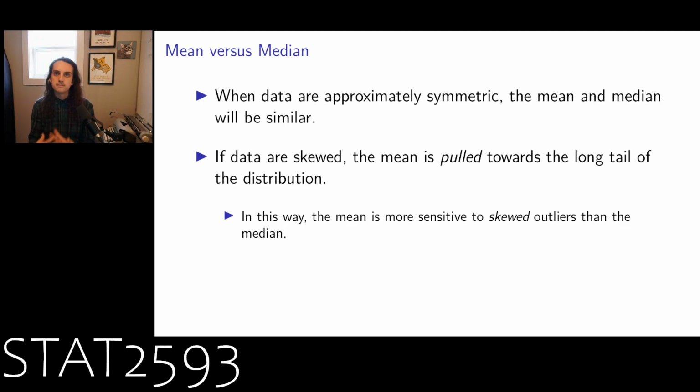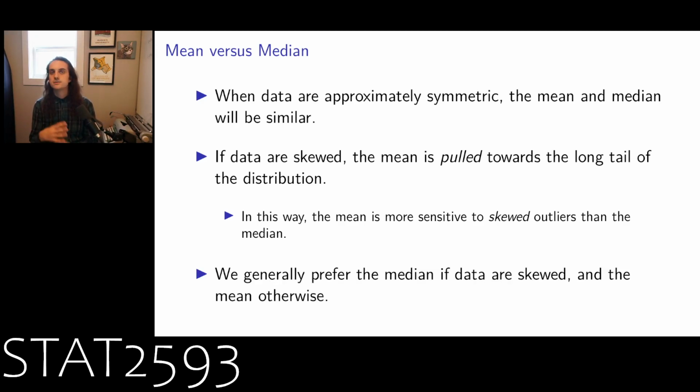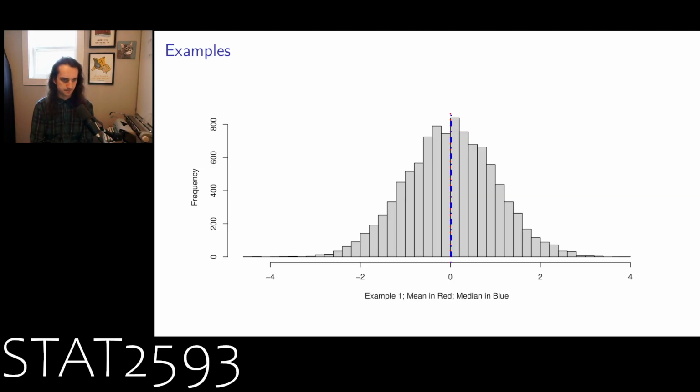And so if you look at the mean income, it's going to be a lot higher than the median income, even though the median income is probably the thing that we actually want. Generally, when we have skewed data, we're going to prefer the median. That's not always going to be the case, but the median is typically a safe bet.